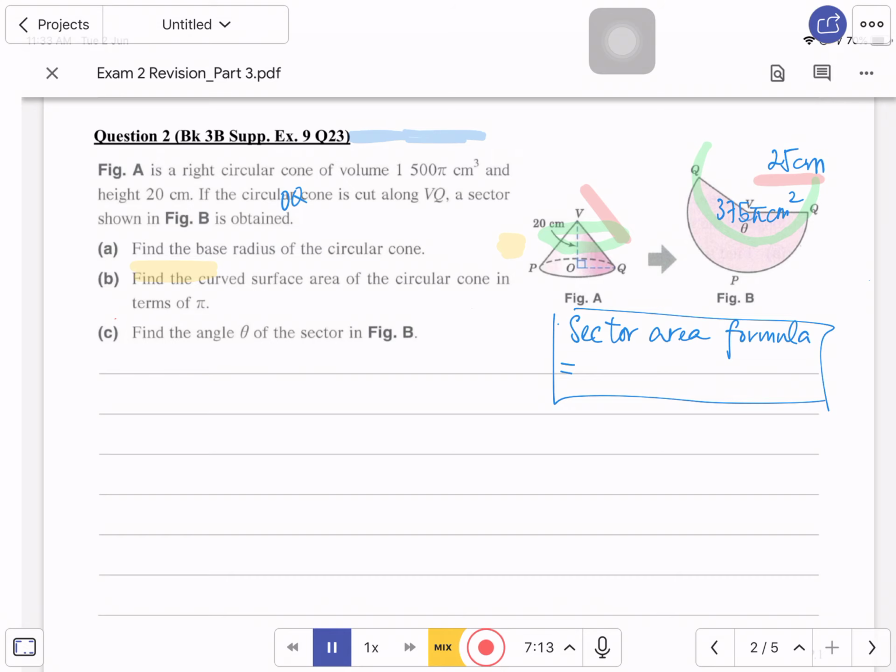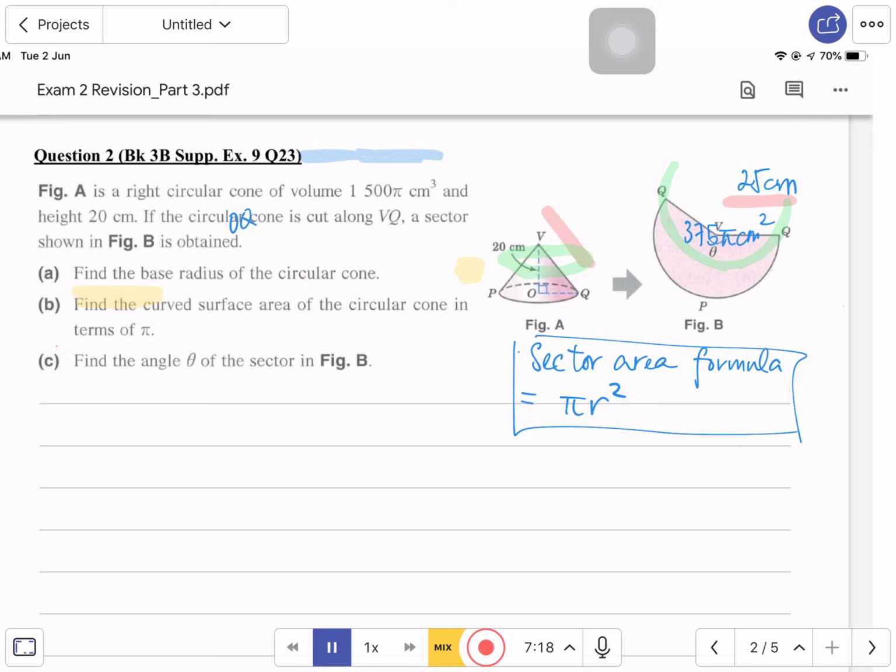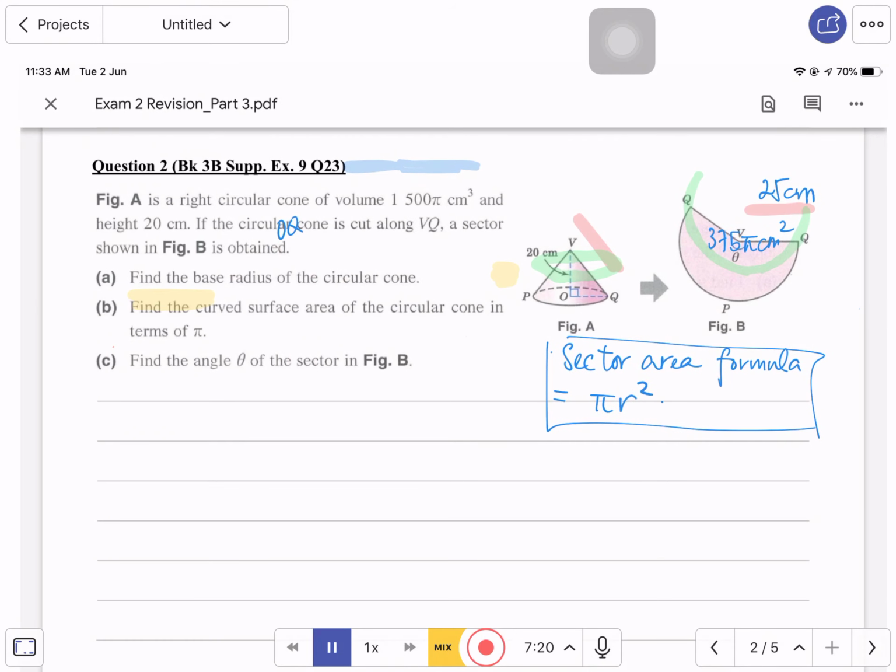For the sector area, its formula will be the area of the whole circle, pi r square, times the part of it, theta over 360 degree. So it is part of the whole circle.